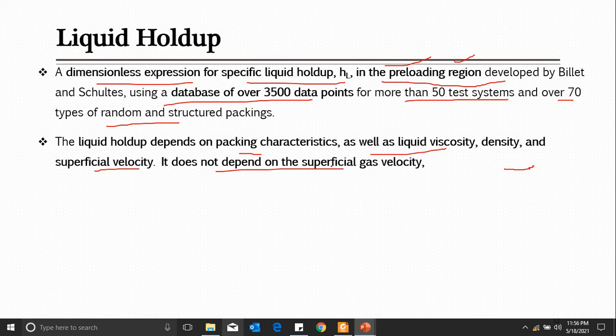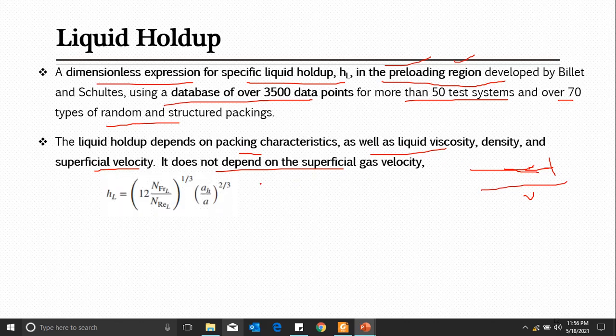This is valid for the preloading region; above the preloading region, the superficial gas velocity definitely affects the liquid holdup, and that is not a stable operation region. Due to this, in the stable region there were just straight lines with the increase in vapor velocity, so there was no effect on the liquid holdup.